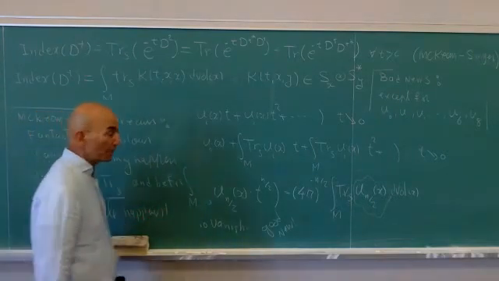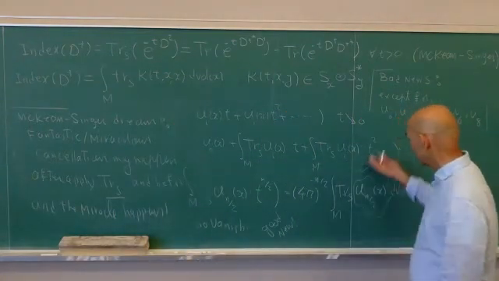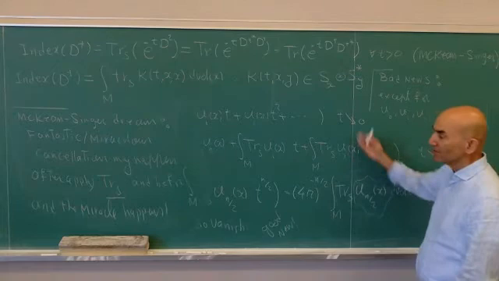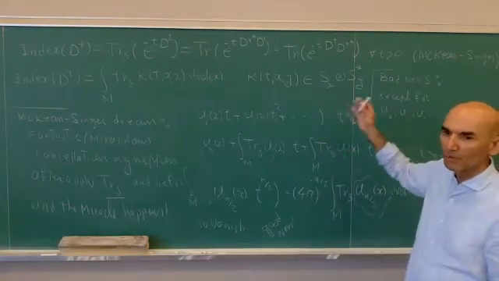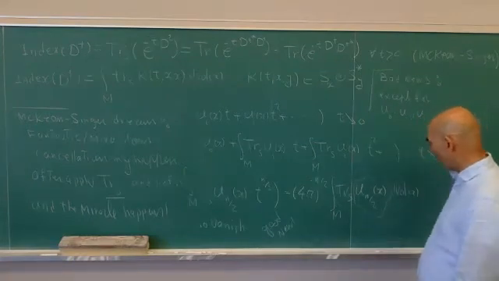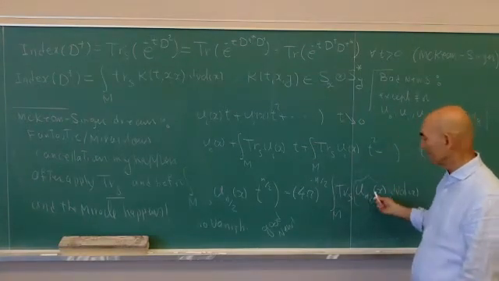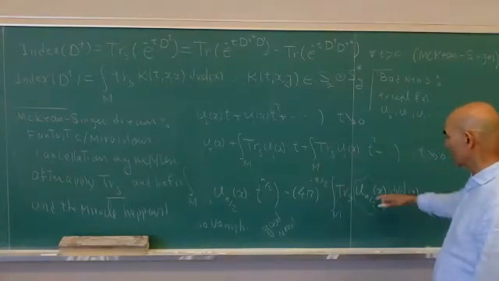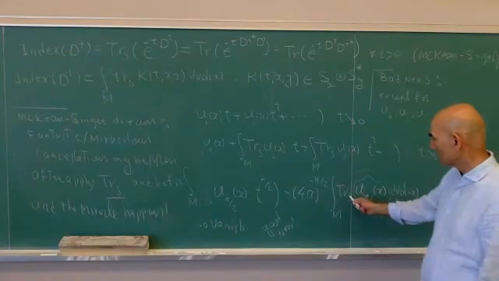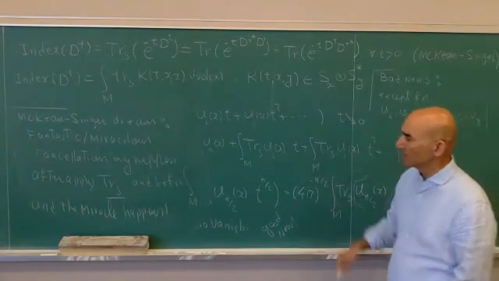Now, why this miracle happens, nobody knows really. It's amazing. If you go on to a 500-dimensional manifold, there are millions of terms, and all these things cancel. Only a few terms, one or two terms remain, and that's exactly the expression of the index theorem. And this is one of the things about the super trace and the nature of this problem.